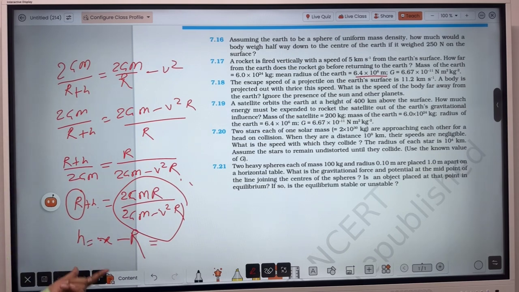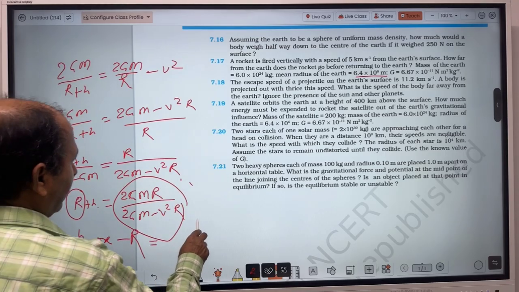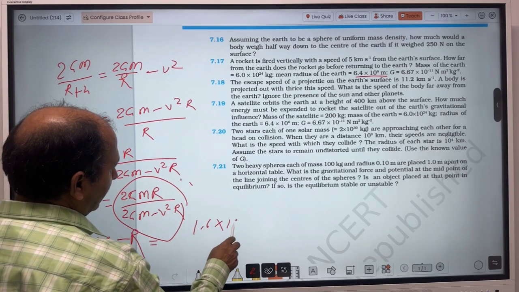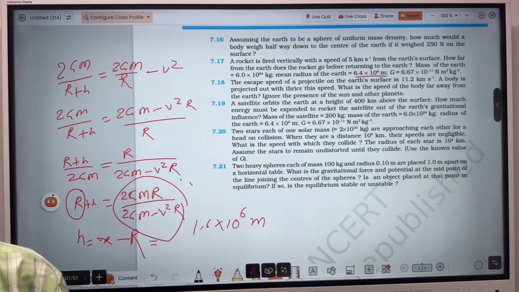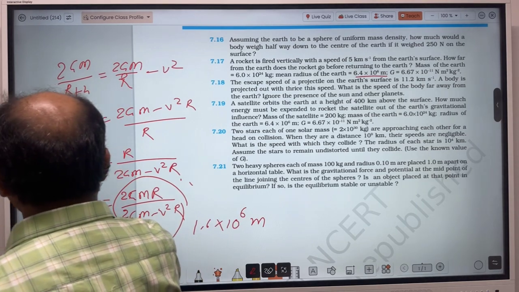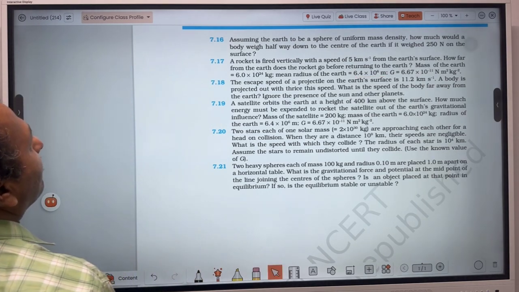The answer to this question will be 1.6 into 10 to the power 6 meter. So you can get it. Next question.